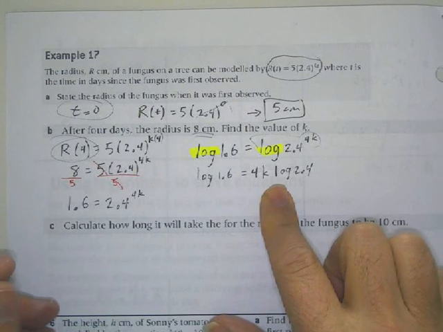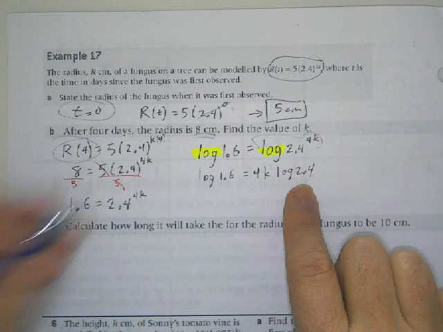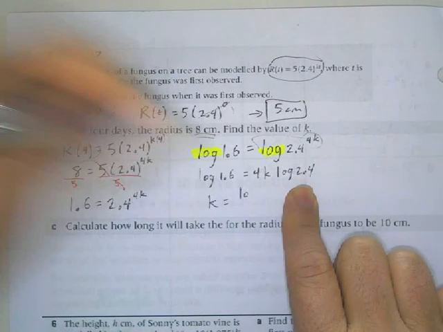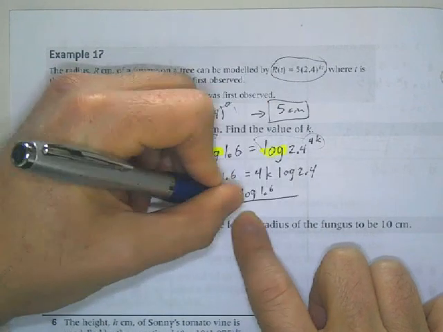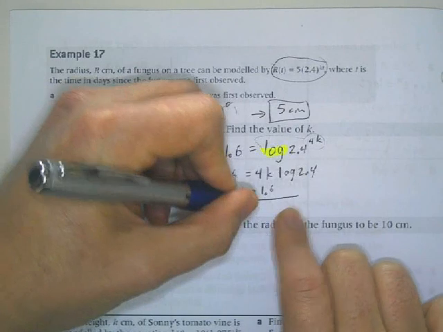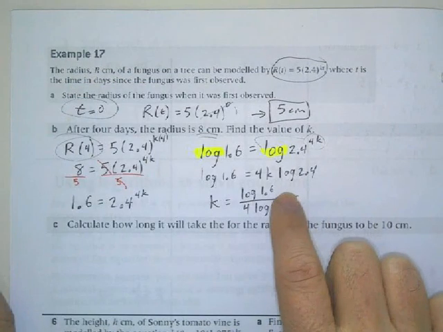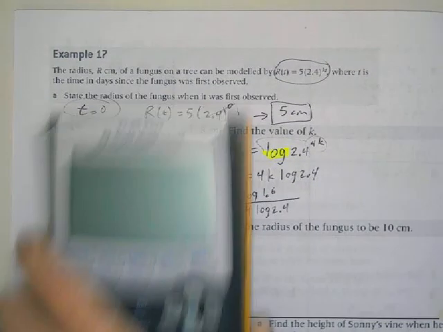So now we're going to divide both sides by 4 and log 2.4. So we're going to get k is equal to log 1.6 divided by 4 and log 2.4. So I can type that into my calculator.